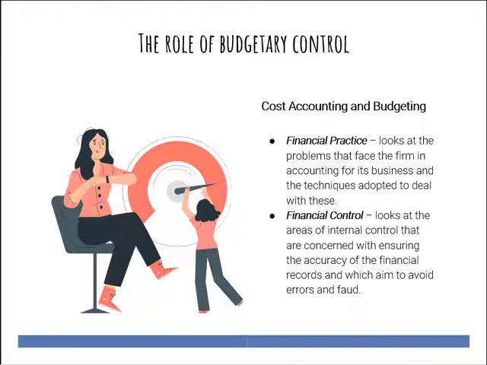Again, systems will differ from firm to firm and will depend upon many factors. However, the main principles are common to most concerns ranging from profit-making companies through the public authorities. In each of the chapters, we will try to look at the main problems and techniques used to deal with them and then go on to look at the internal control aspects of that area.